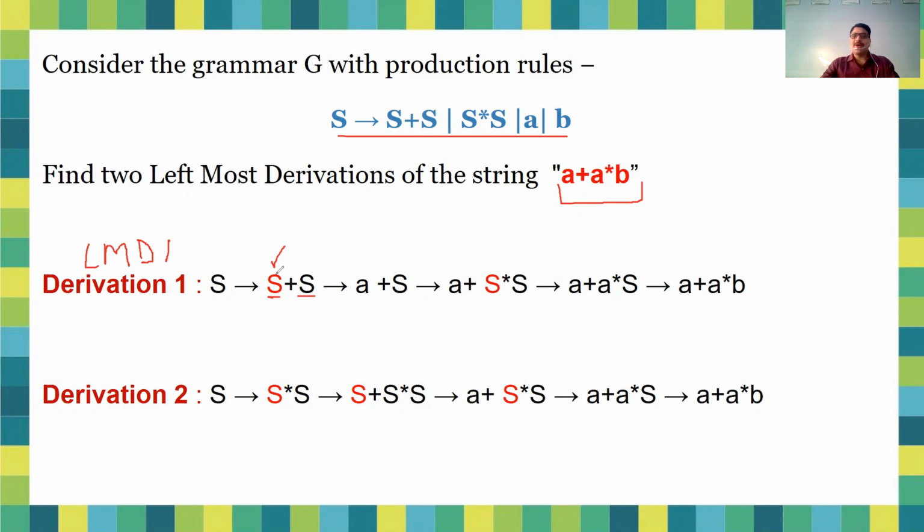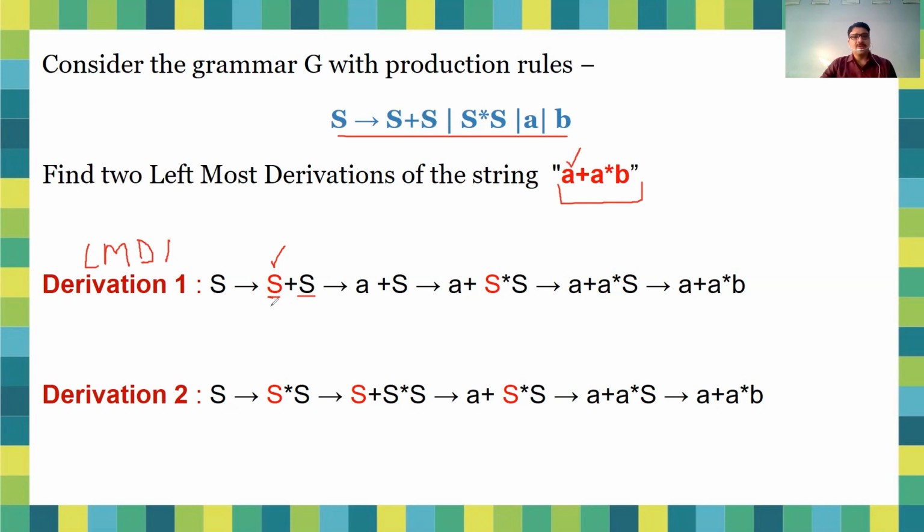Now we have to expand the leftmost variable in all the steps, because we are deriving the leftmost derivation. In place of S, we can write a, b, S asterisk S, or S plus S. Now we have to check our required string, whether we require a or b here, because a and b are both terminals that can be provided through the start symbol S. Here we require a on the leftmost side.